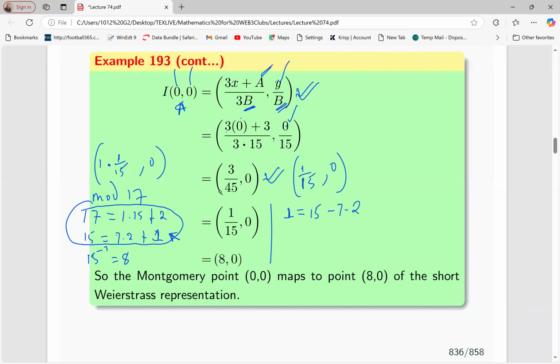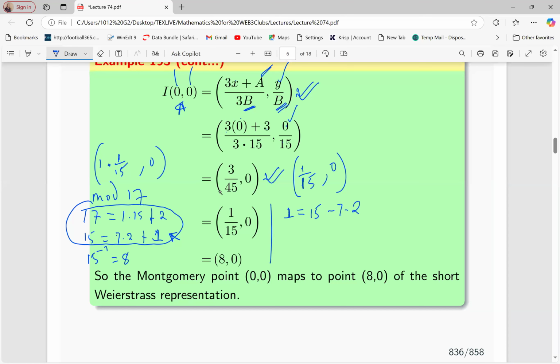The other remainder is this 2, so we write its equivalent. So 1 is equal to 15 minus 7, but this 2, the equivalent is 17 minus 1 multiplied by 15.